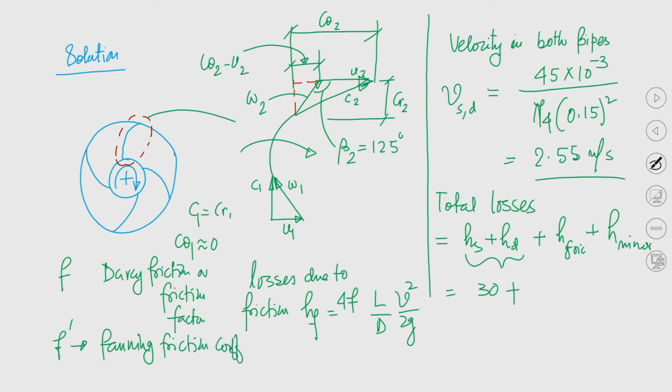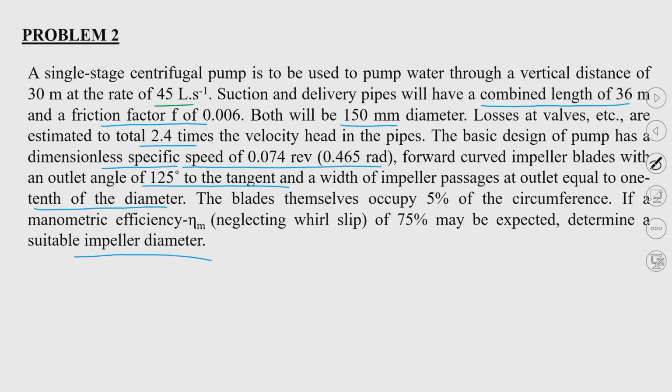Now, this is conventional. Why am I trying to concentrate on this particular part? If you try to recall, here it is given F, but we know F is basically commonly used to denote the Darcy friction factor.